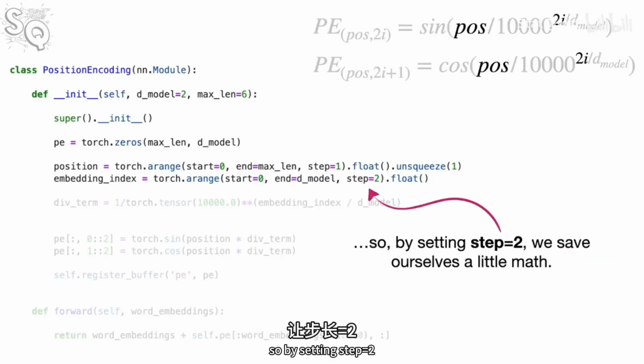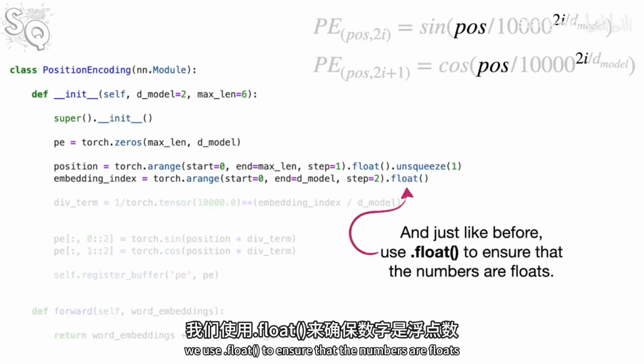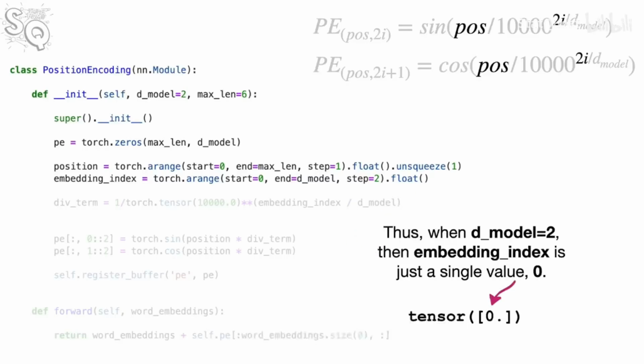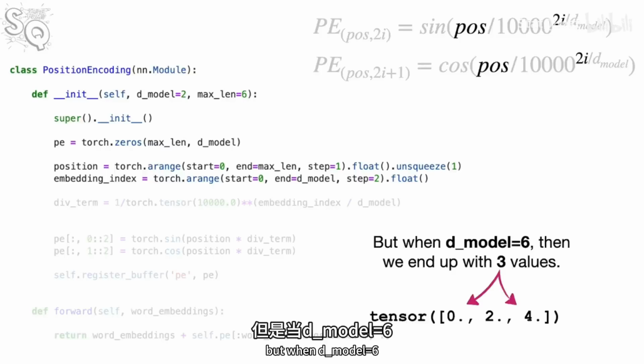So, by setting step equal to 2, we save ourselves a little math. And, just like before, we use .float to ensure that the numbers are floats. Thus, when d_model equals 2, then embedding_index is just a single value, 0. But when d_model equals 6, then we end up with 3 values.